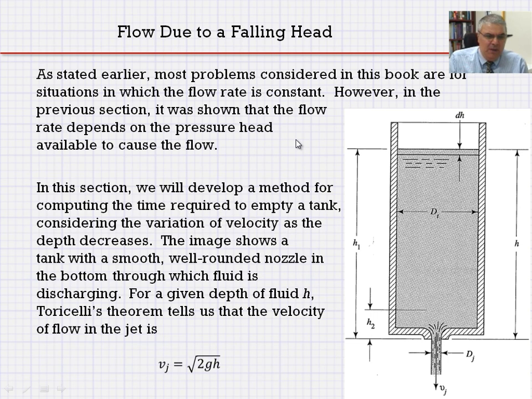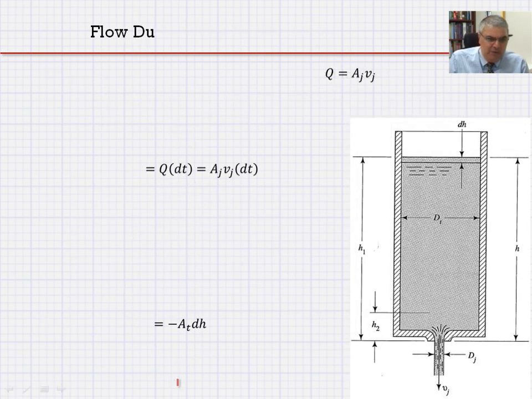In the image shown here, we have a well-rounded nozzle in the bottom, and the fluid discharges from that nozzle at a given depth of fluid h. We call that velocity, according to Torricelli's theorem, V sub j.